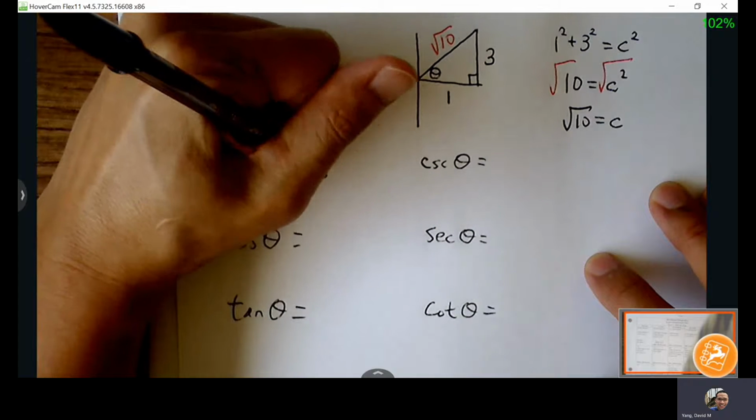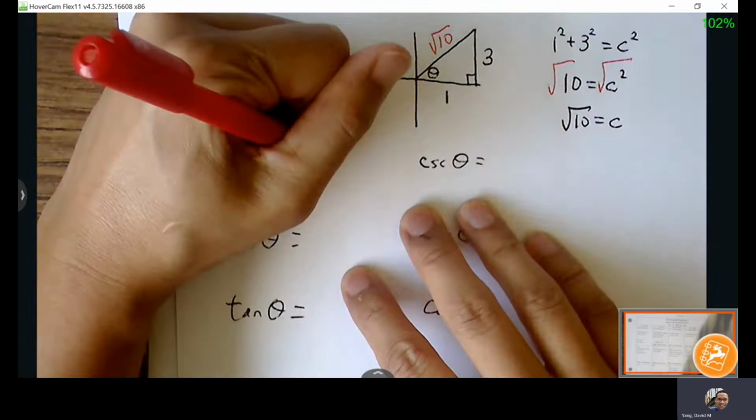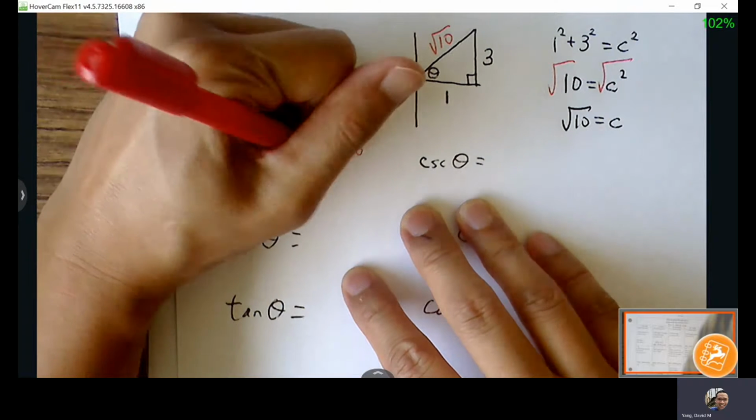But every time we write down a fractional ratio, we always want to ask ourselves, is there anything I can do to reduce the fraction, or to rationalize the denominator? Here there's that square root of 10 in the denominator. We want to resolve that, so we multiply by the square root of 10.